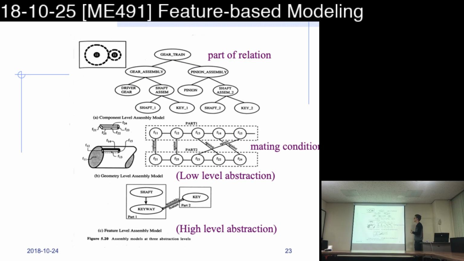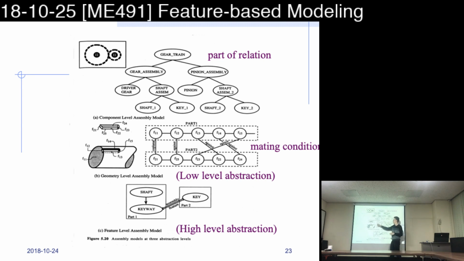So there are multiple models, different abstraction levels. For instance, we could see this level with each part connected with its subcomponent, but we don't have the geometric specifications. And we move on to the next level, which is where we specify the geometric mating conditions.